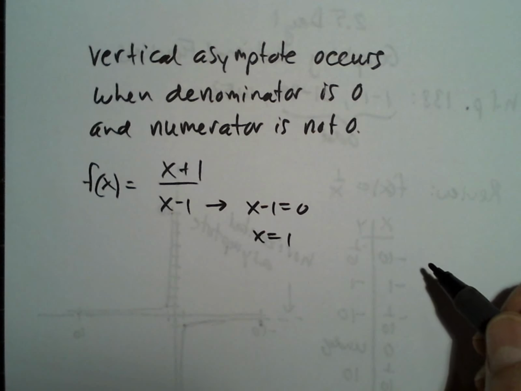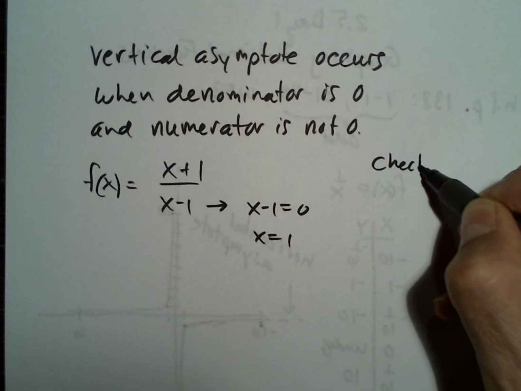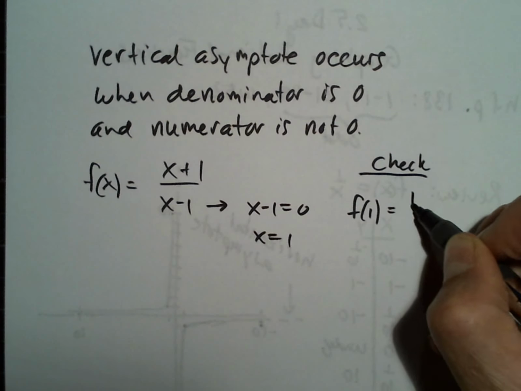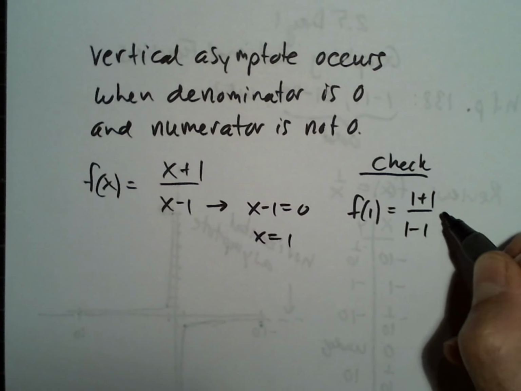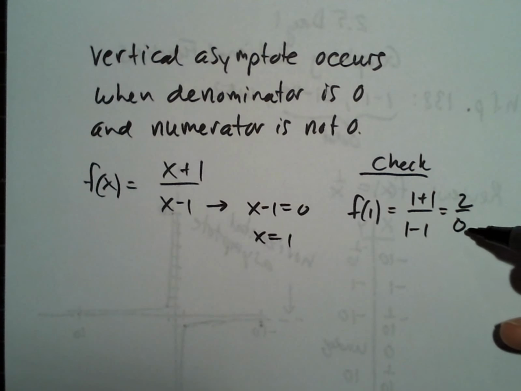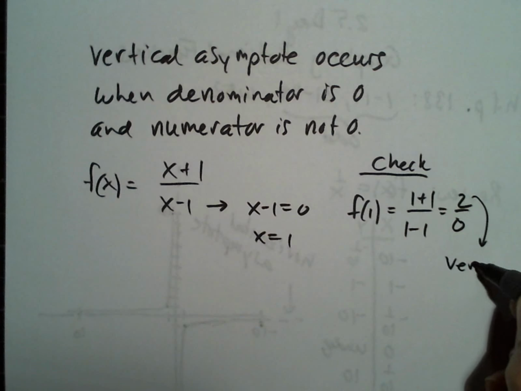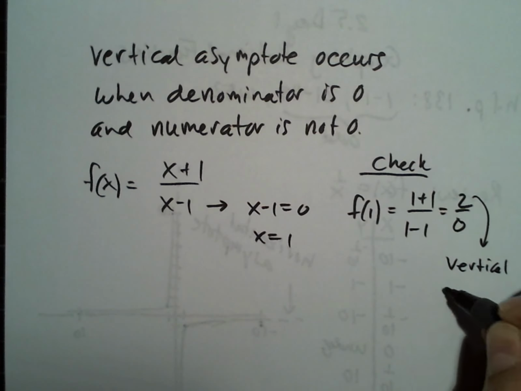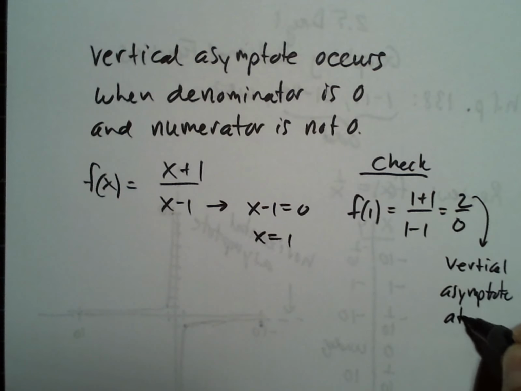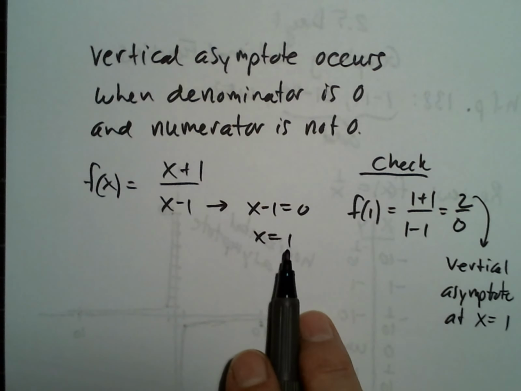So it looks like the vertical asymptote is at x equals 1, but then we want to check if we do f of 1, because this is not 0 and this is 0, that means we saw that this might be a vertical asymptote.